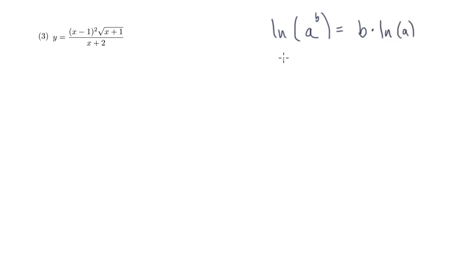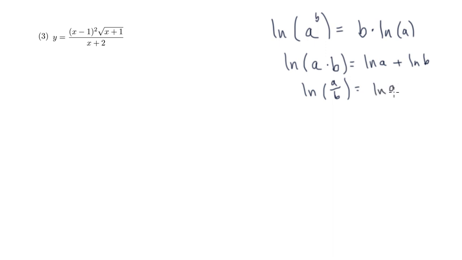But there are also other properties of logarithms we can take advantage of. If we have the natural log of a times b, we can write this as the natural log of a plus the natural log of b. Similarly, if we have natural log of a over b, this is the same thing as natural log of a minus natural log of b.